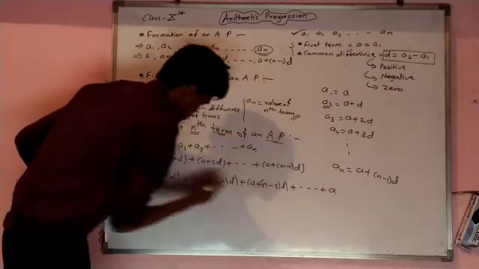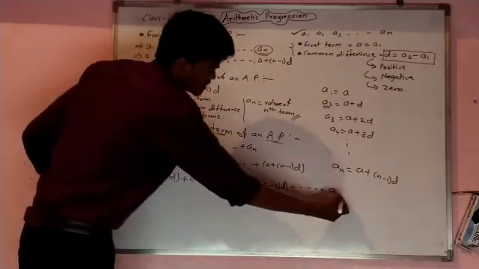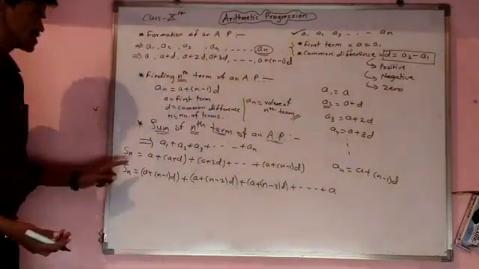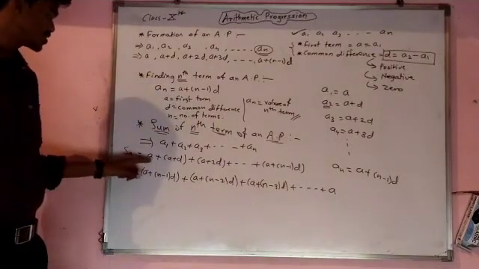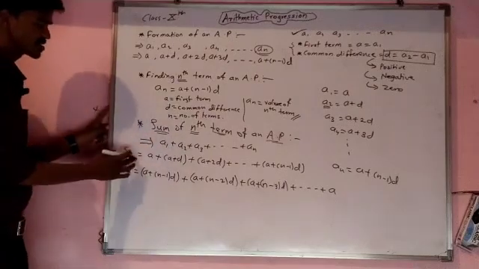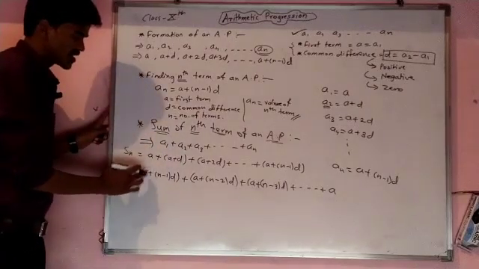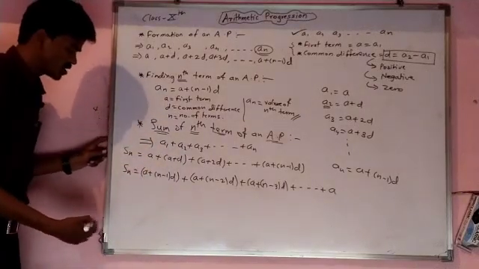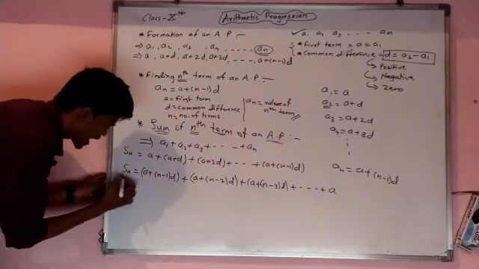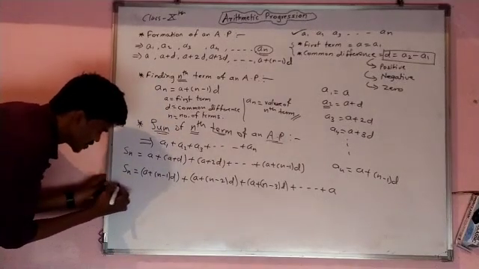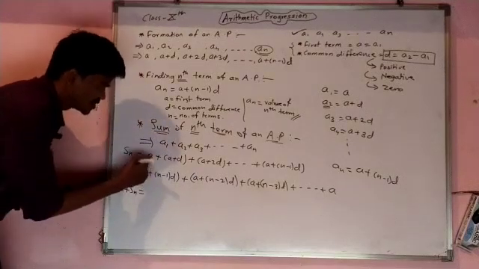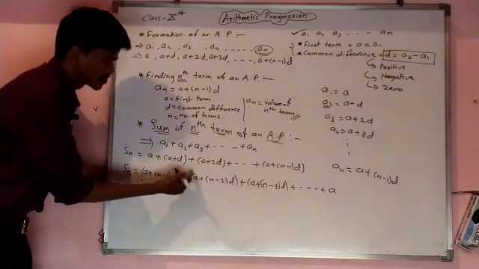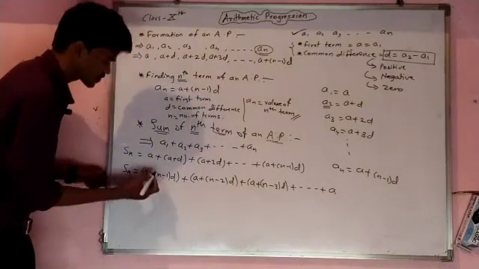The last term is the first term. To find the formula for the sum, one sum is like this and the other is the reverse. So we need to add Sn plus Sn, that means term-wise addition.